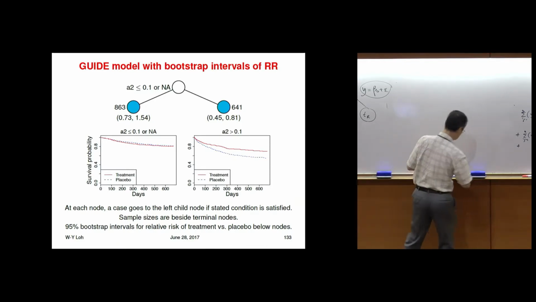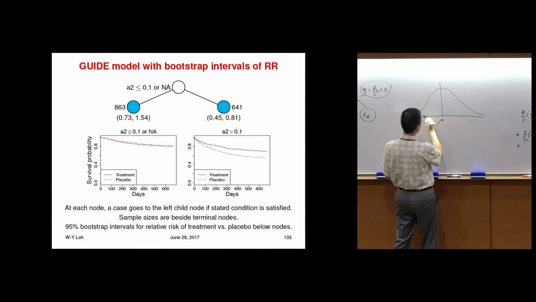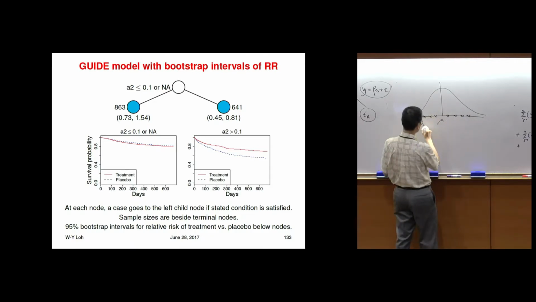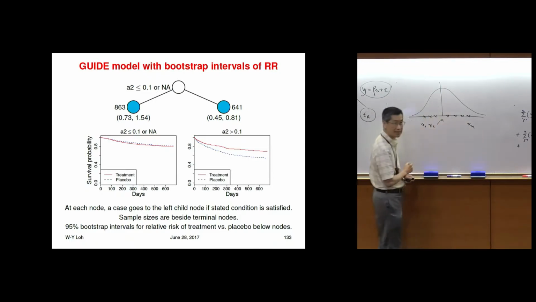So in traditional statistics, you think they have a population, and then you have a mean mu, right? Then you collect data to estimate mu. So x1, x2, x3. Right?